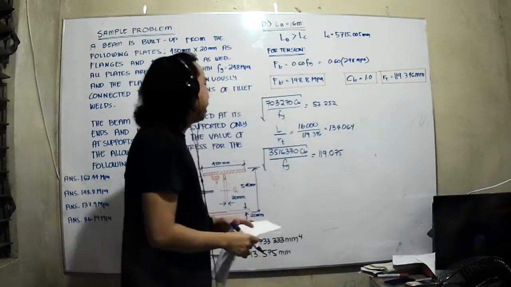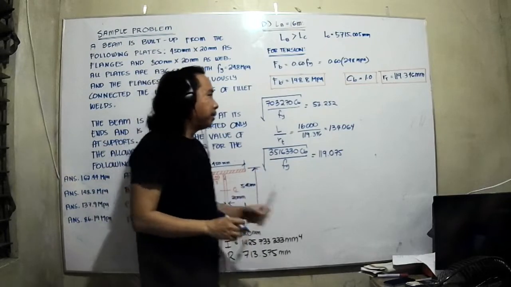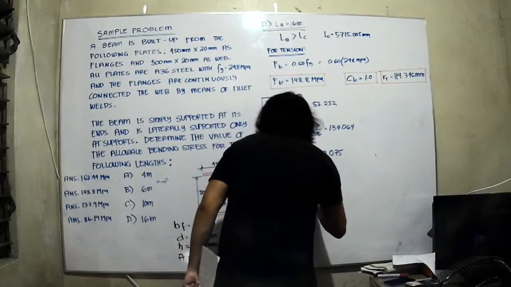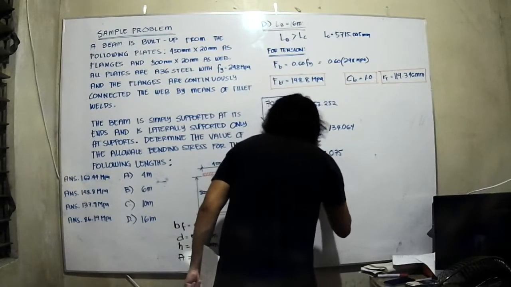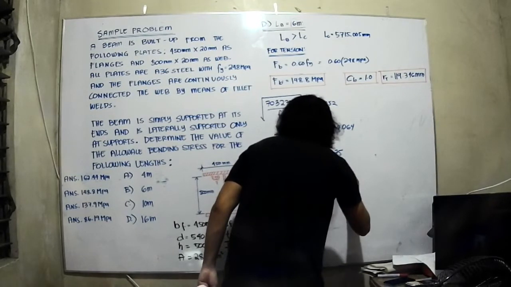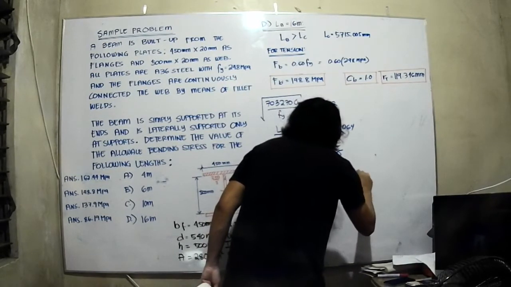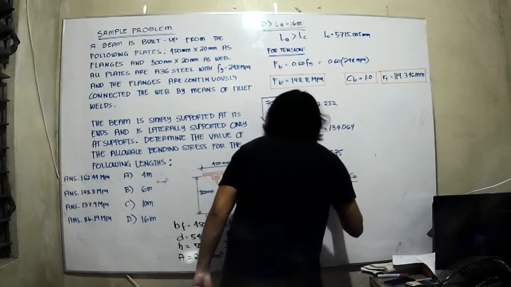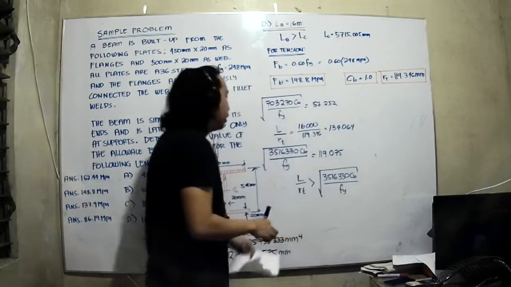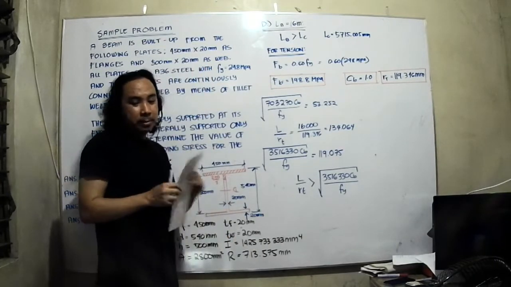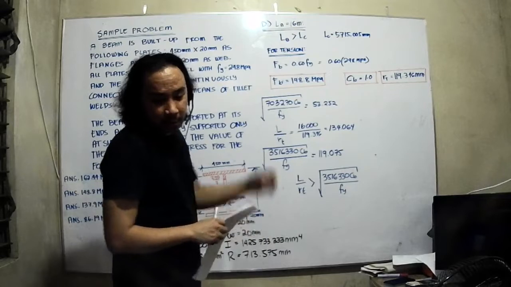So it's different now, right? We can conclude that L over RT is greater than 356,330 CB divided by Fy. It goes beyond the upper limit. Okay? So this merits a different set of equations.